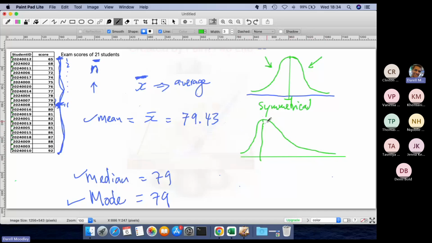The right has a lot more area. Now this is a positively skewed distribution, or right skewed. It's the same thing. It's skewed to the right, and this is the same thing as saying positively skewed.